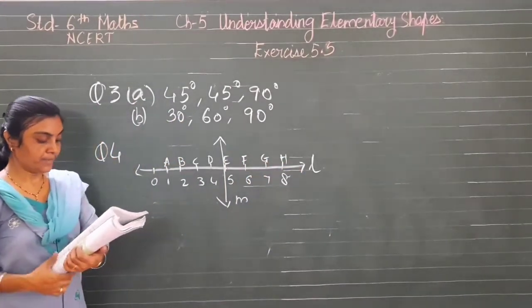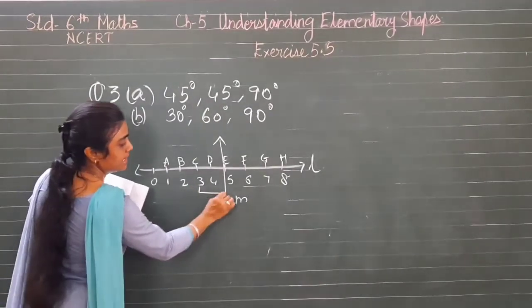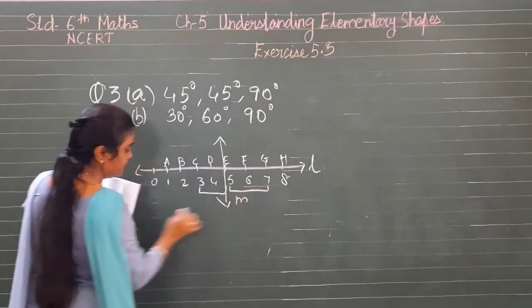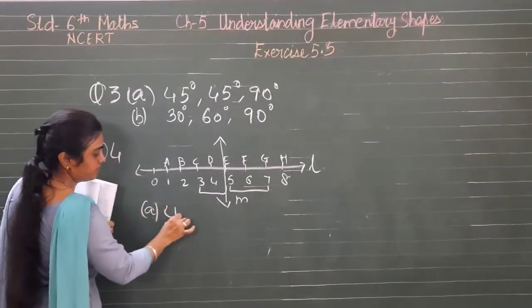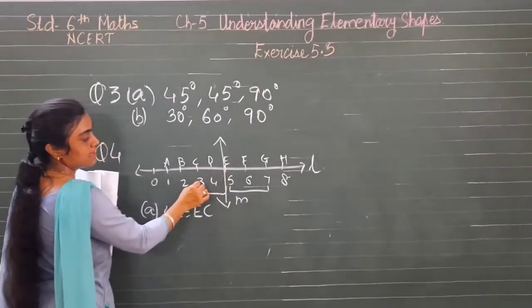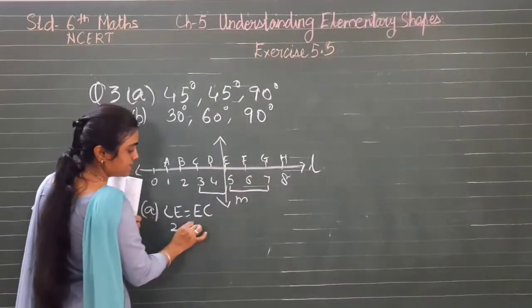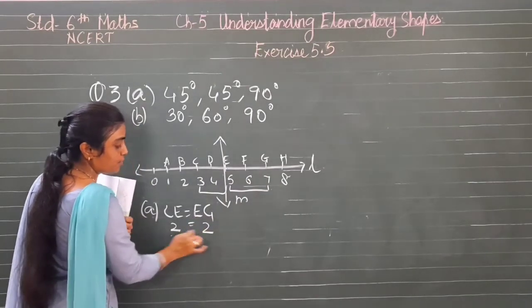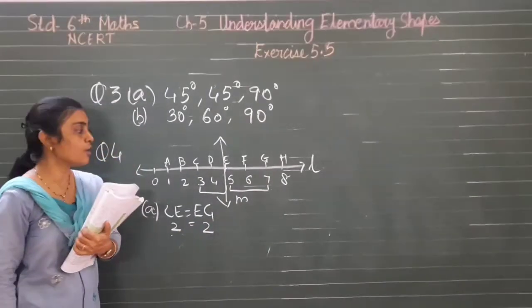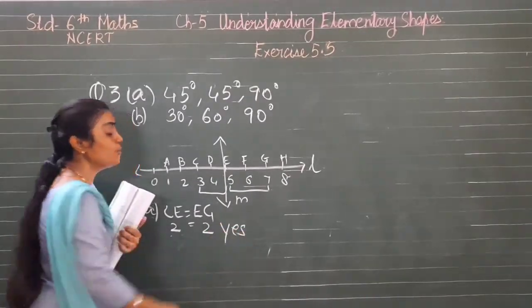First one, A: CE is equal to EG. You have to prove that CE is equal to EG. Now from C to E, the distance is 2 units, and from E to G again the distance is 2 units. So both the sides the distance is of 2 units. So yes, CE is equal to EG.